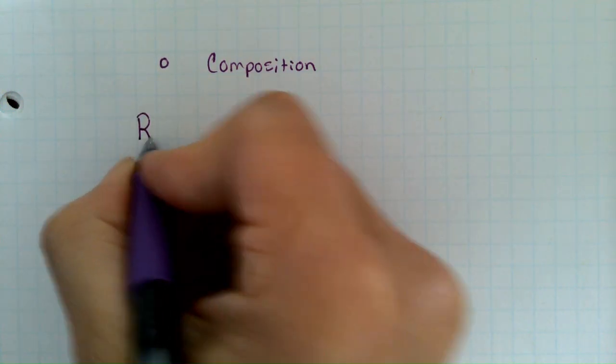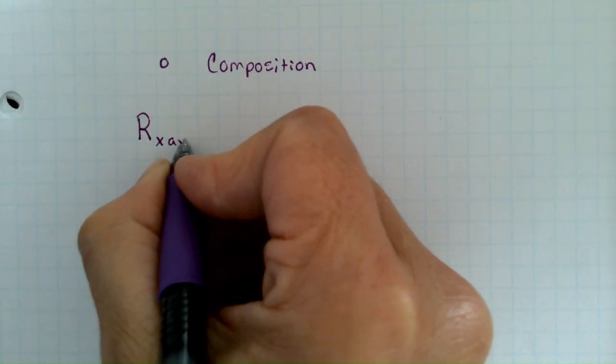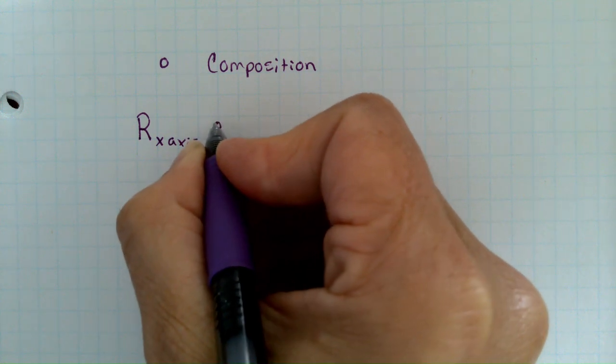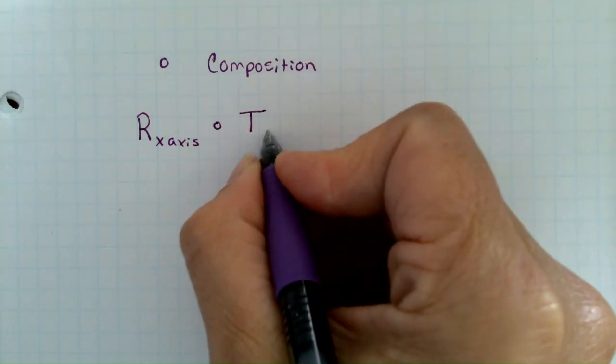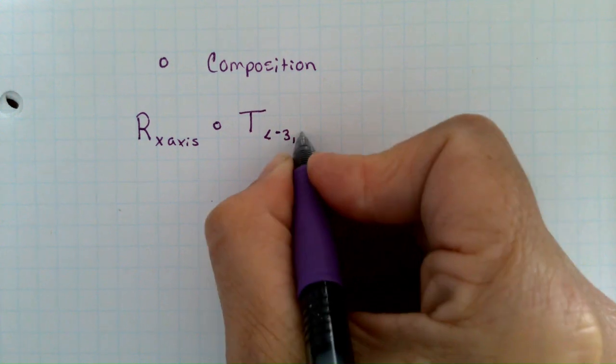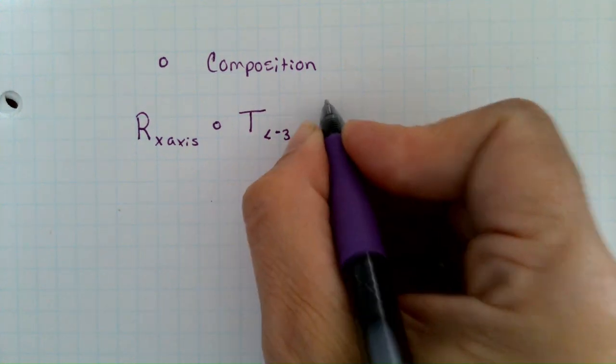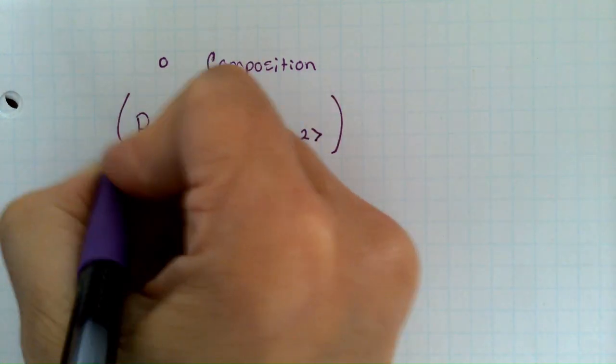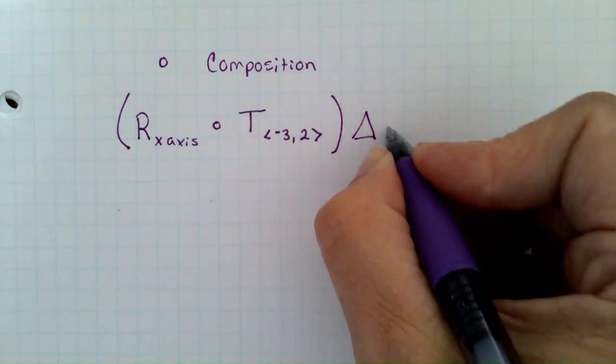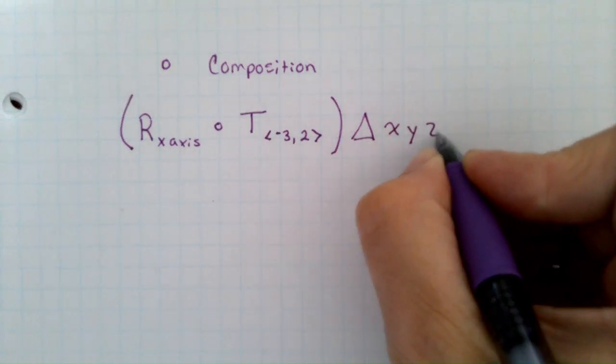So we might see something like this. R x-axis of T negative 3, 2, triangle XYZ.